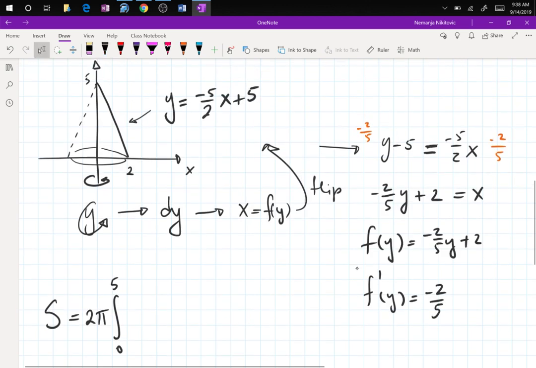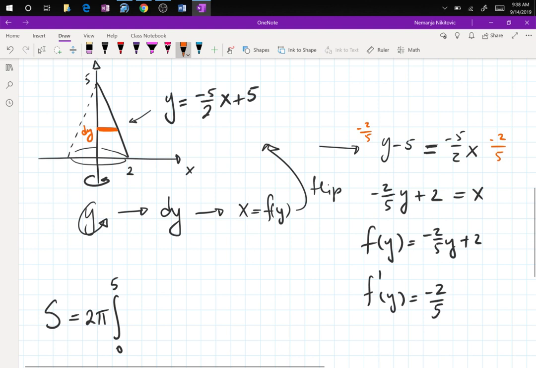Remember, we are using dy. I can draw dy as this horizontal representative rectangle, you see that the lowest that dy can go is 0, and the highest it goes is at 5. So 0 to 5 are the y limits.